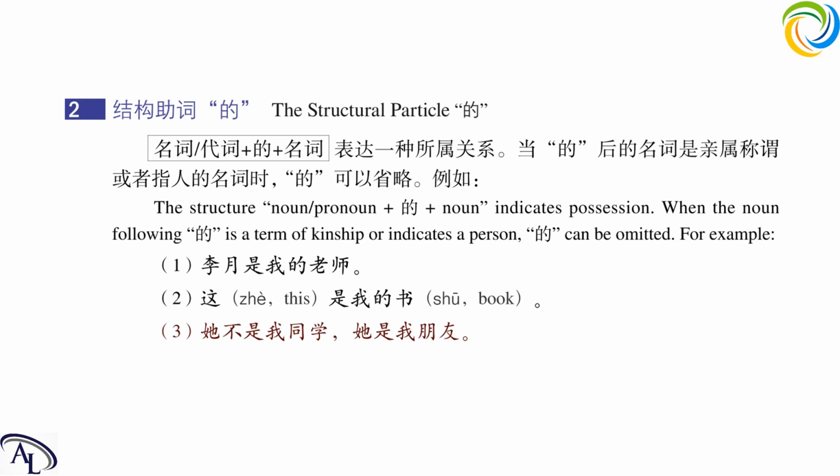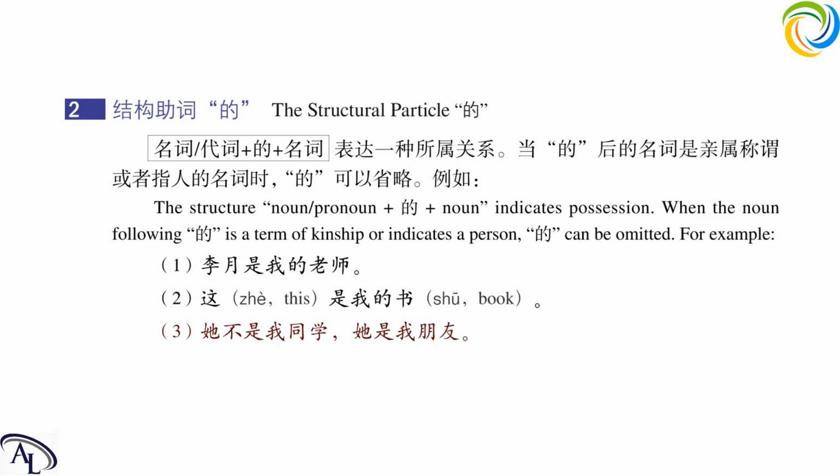Why? Because when the noun or pronoun after 的 is a kinship term or indicates a person, then 的 can be omitted. 同学 here, classmate, is a person, right? 朋友, friend, is a person too. That's why we omitted 的 here. We don't need to say 我的同学. We can just say 我同学.